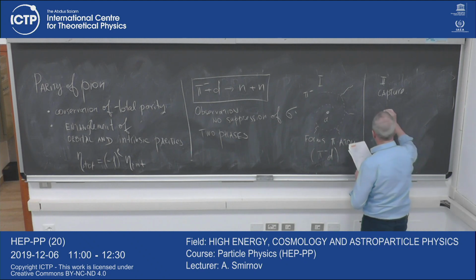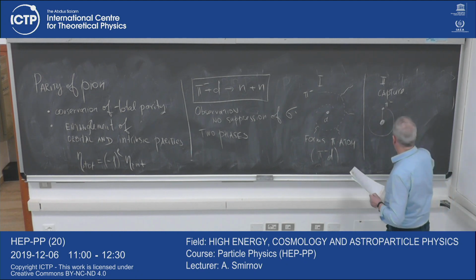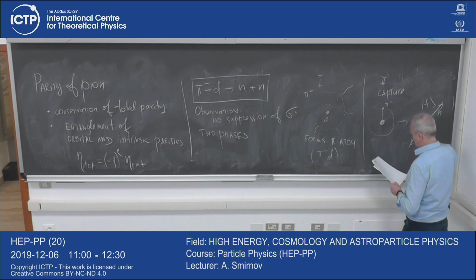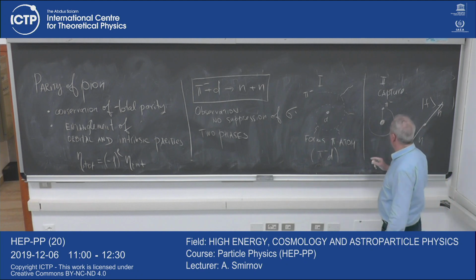So what happens is that pi moving along the orbit around the nucleus is captured, and then you will have a final state, which is just 2 neutrons. So the state formed by pi and deuteron has spin 0.